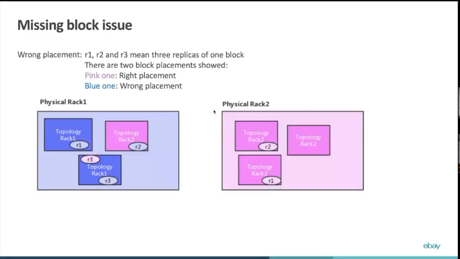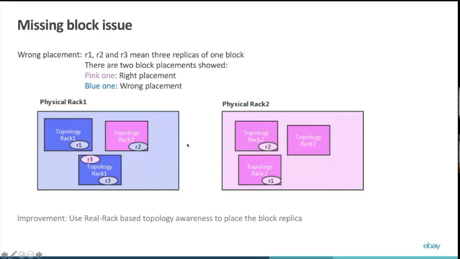The replica of the C block will be placed in the C physical rack, because the logical rack, that is the topology location, has changed. So once the C rack is out of service, it will lead to a missing block. So we need to take care of host name changes once we rely on the host name.